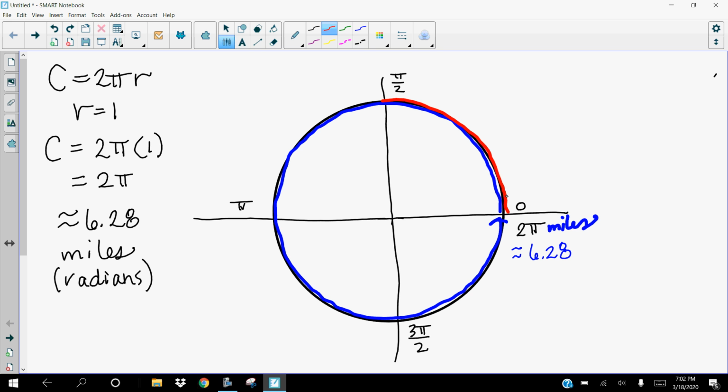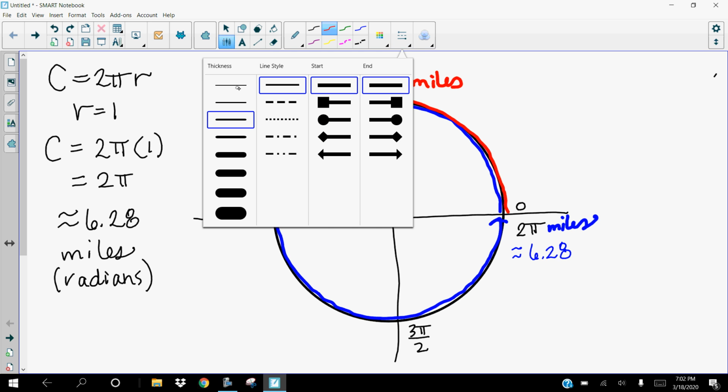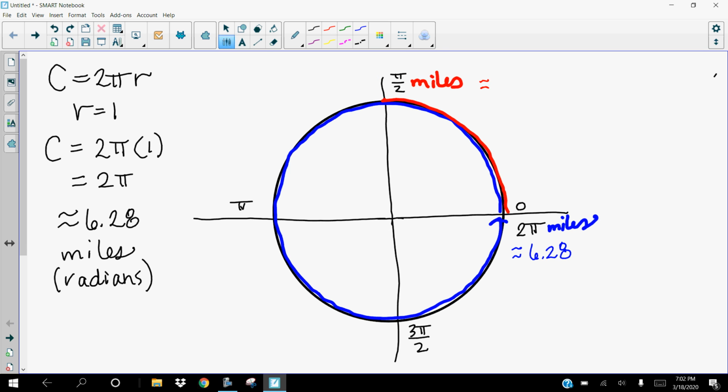If you land on this pi over 2 spot, that's pi over 2 miles. Oh my god, the thickness is going to irritate my soul. I have to keep changing it. Which is approximately, pi over 2 is about 3.14 over 2, so about 1.57 miles.